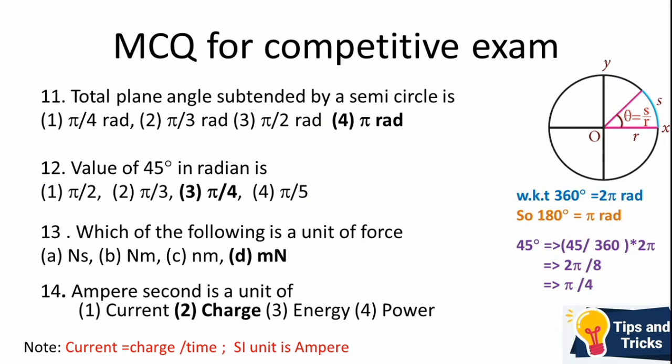So then for 45 degree we can calculate as 45 divided by 360 degree into 2 pi radians, which will be equal to 2 pi by 8 radians, which is equal to pi by 4. So the correct option is option 3, pi by 4.